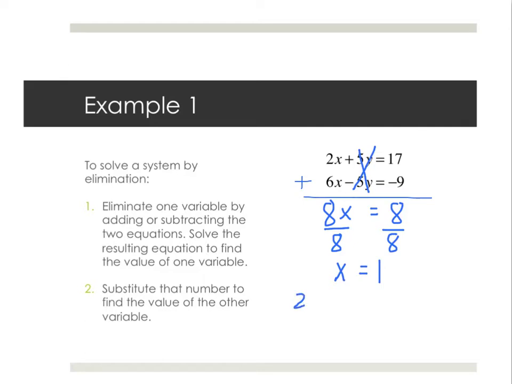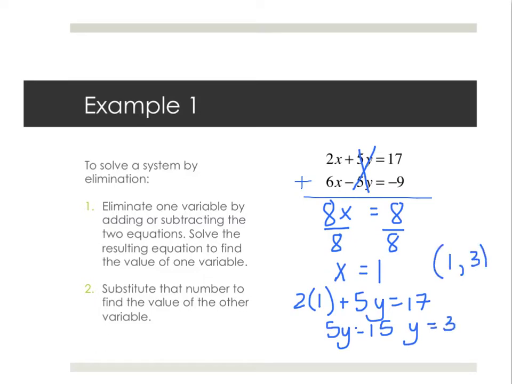So 2 times my value for x, which is 1, plus 5y equals 17. I'm going to subtract 2 from each side, get 5y equals 15, and y equals 3. That means our solution is the ordered pair (1, 3). So that's elimination, and most of you, I think, are probably going to like this better than substitution.